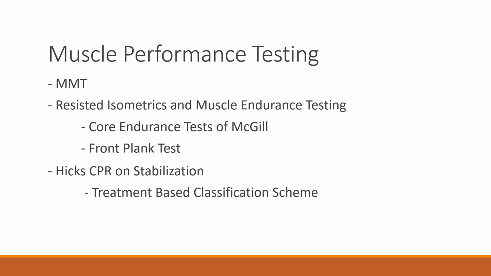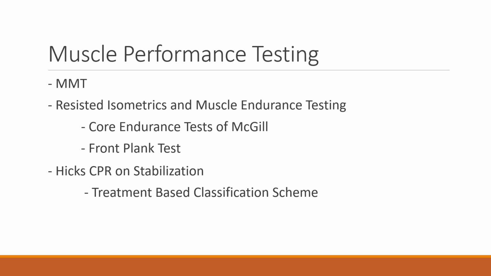First, we'll talk about manual muscle testing, and manual muscle testing will be for trunk flexion, extension, and then trunk flexion with a rotational variant. We'll speak to resisted isometric and muscle endurance testing, and we'll talk about specifically what we call the core endurance tests of McGill. We'll also discuss a front plank test that you can use with your patients.